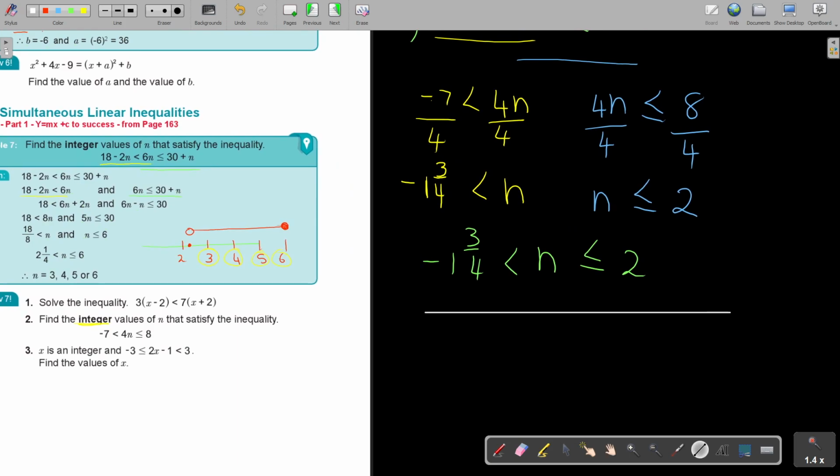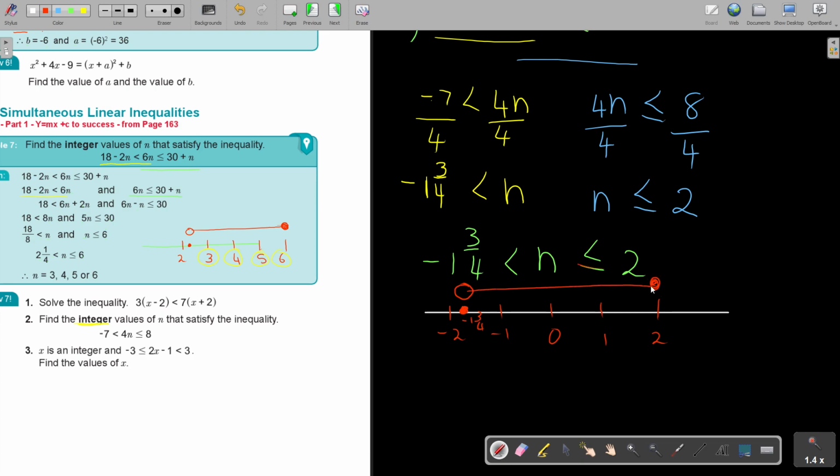On the number line, I write down my values, from say negative 2. So negative 2, negative 1, 0, 1, 2. Now, what does that mean? It is negative 1 and 3/4. So negative 1 and 3/4, say for example, it's there. But this is an open circle, and it's up to 2, and because of that equal sign, it's included.